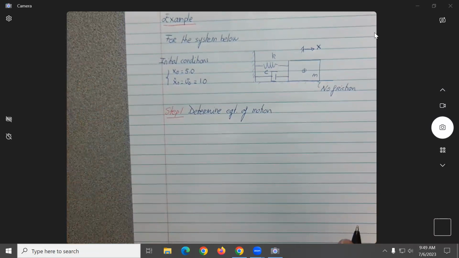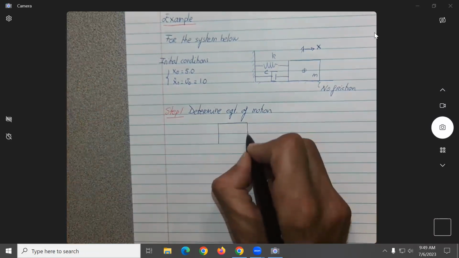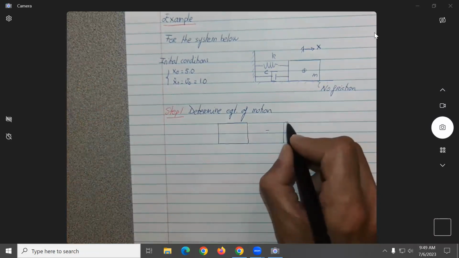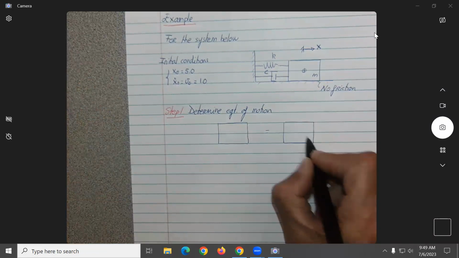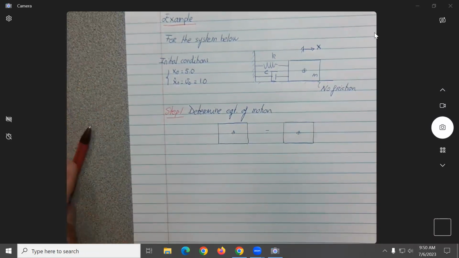So in order to do that, what do we need to do? We need to do some type of free-body diagram. Remember, we needed to do two. One for the left-hand side, one for the right-hand side of the equation.